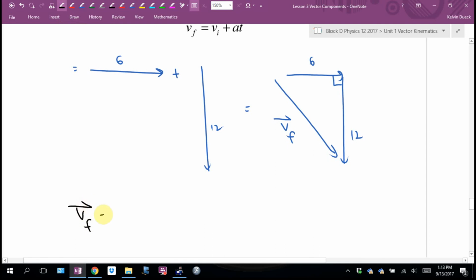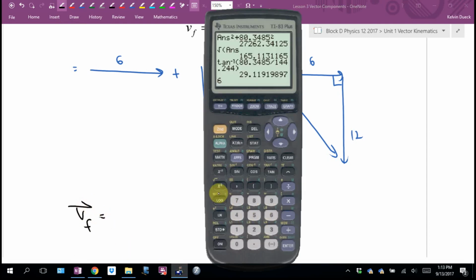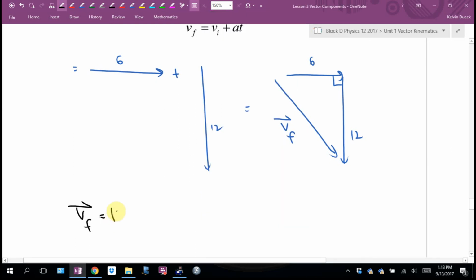V final is going to be 6 squared plus 12 squared, square root. .4 meters per second at, there's my theta, opposite and adjacent again, tan again. Will it always be? Nope. Next lesson I'll show you where it's not, because I'll give you the hypotenuse and you'll end up finding a leg.